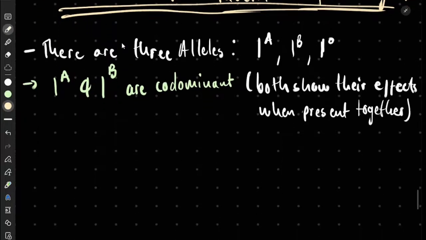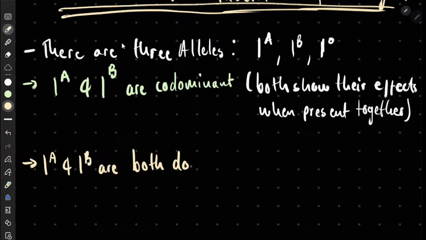All right. Now let's go to the second one. IA and IB are both dominant over the IO allele.